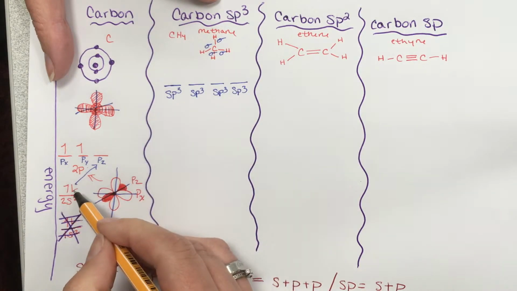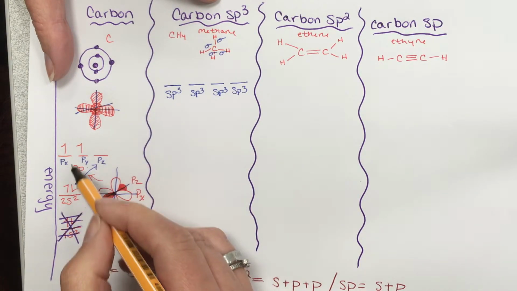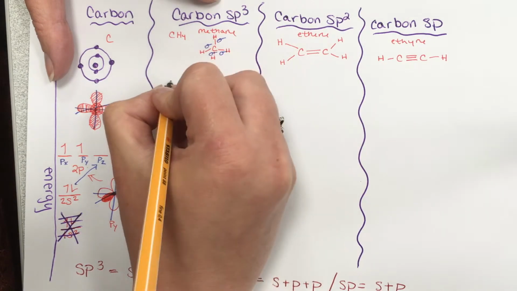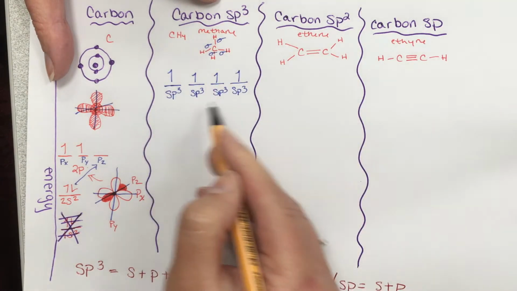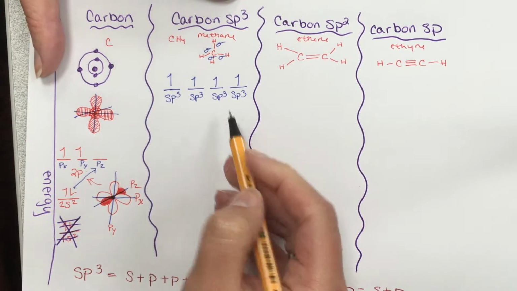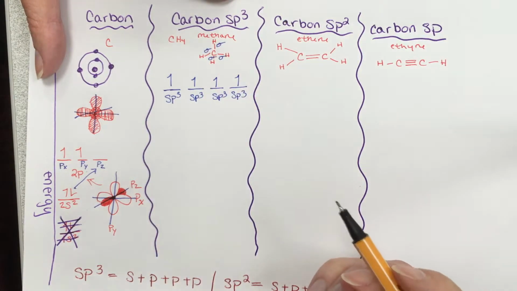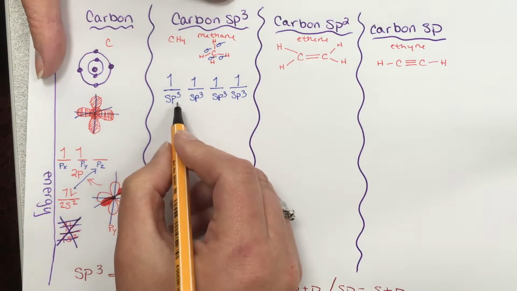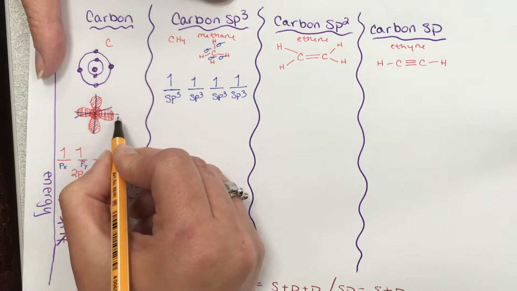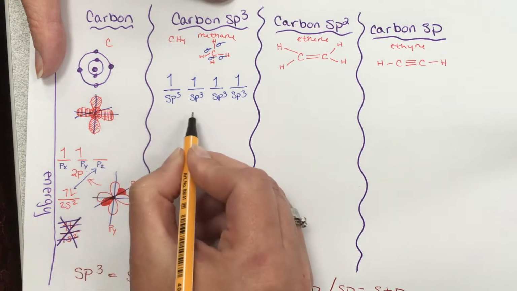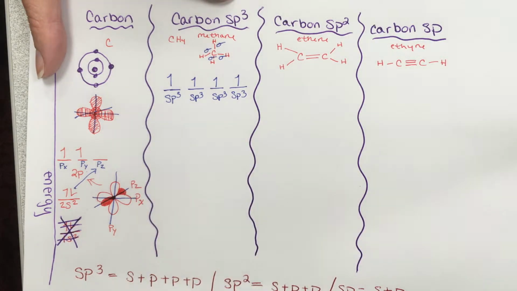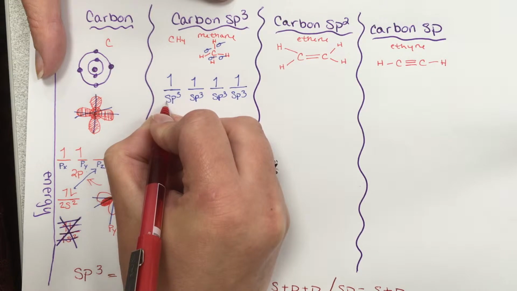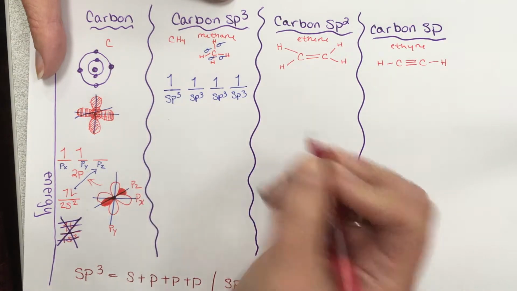What will happen is this electron will move up here, and each orbital will have 1 electron spinning up according to Hund's rule. So this is what the new orbital notation would look like for carbon with a single bond or a sigma bond. These orbitals no longer have an s character and a separate p character. They all have the same character. They all are identical. So they will all look like 25% s and 75% p.